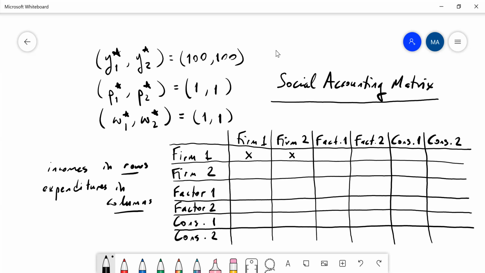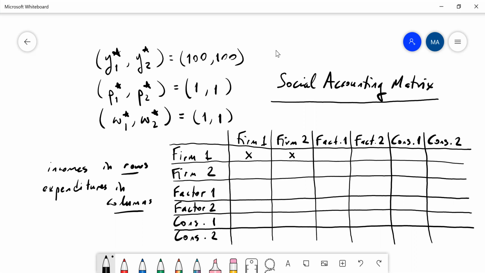Let me just double check. Yes. So what are these? Firm 1 will have some income from firm 2, because firm 2 will have some intermediate input demand from firm 1. And in the meantime, firm 1 will be using its own output as an intermediate input as well. All right. So two sources of income originate from the firms for firm 1.